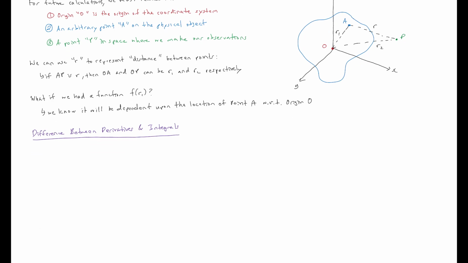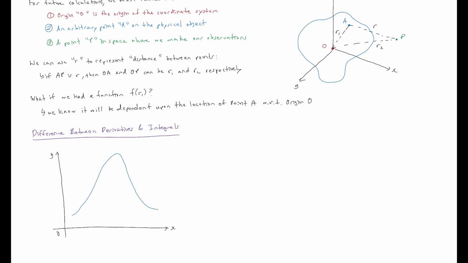So the best way of explaining the difference between these two is to draw a function. So let's just draw our 2D coordinate system, and let's sketch any curve you want.